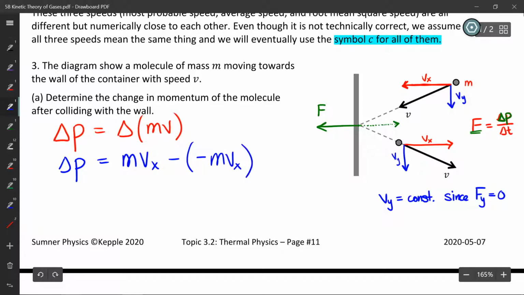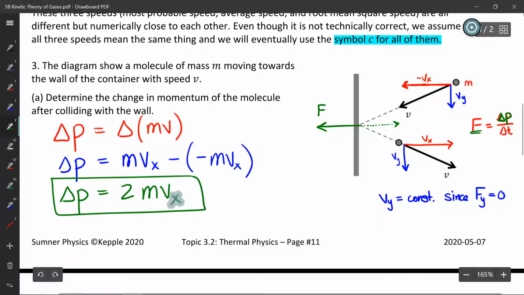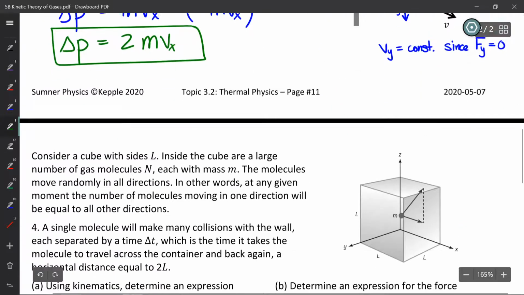We can see that this particle is moving to the left, so it had a negative velocity initially. And when you subtract a negative, you end up getting an addition. And so the change in momentum is actually going to be 2mVx. And so that's the change in momentum that a single particle experiences when it hits the wall of the container.